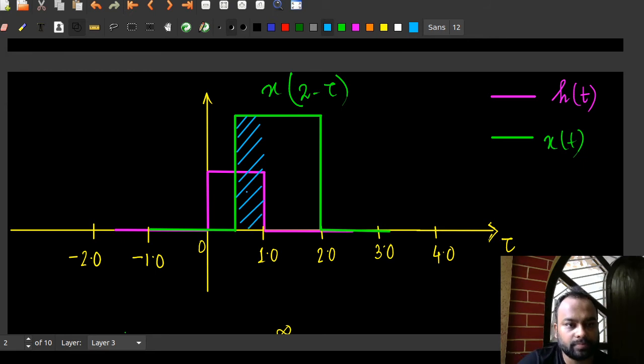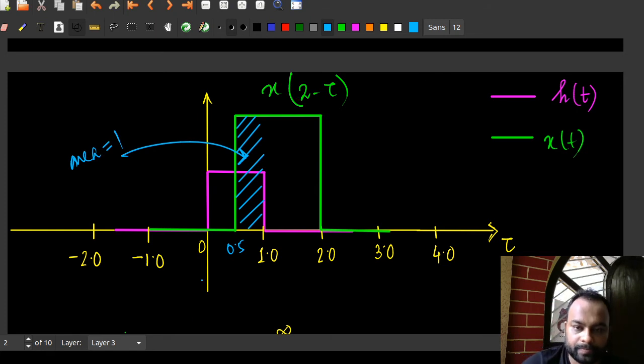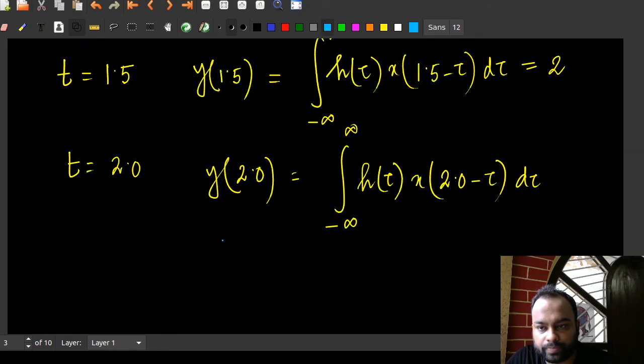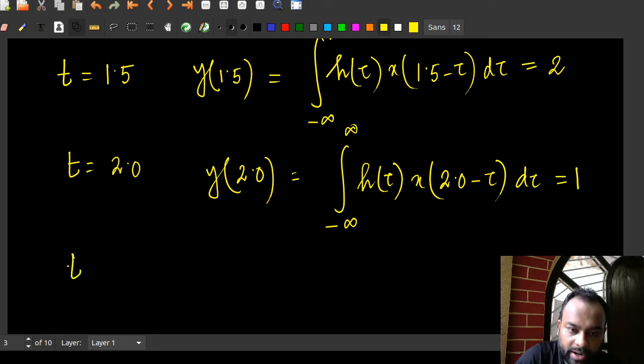So this is 0.5, and the height is now 2. So this area is 1. So the output at t equal to 2 is 1. And let's calculate the output at t equal to 2.5.